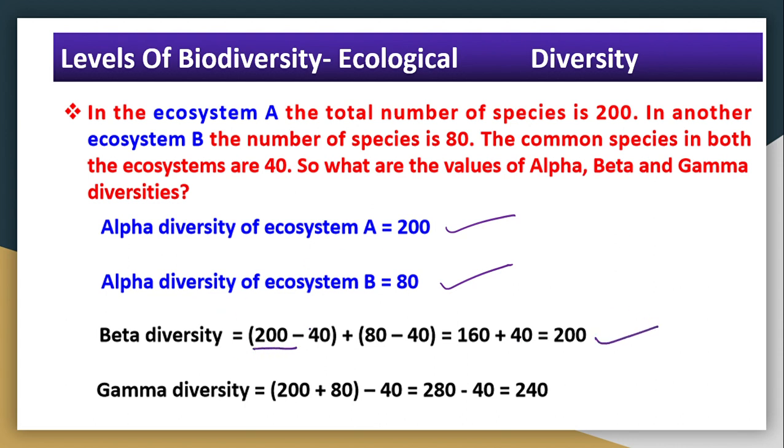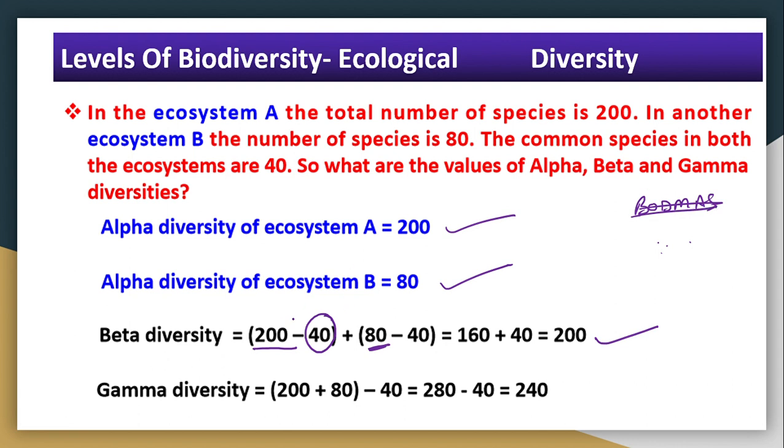I took overall 200 species present in ecosystem 1. Then 80 species present in ecosystem 2. Each one separately I have subtracted common species. Never going to add both the habitats and then subtract. It's the wrong way to do it, right? Even in your board maths. Okay, let it be. I think I won't be able to explain this maths.